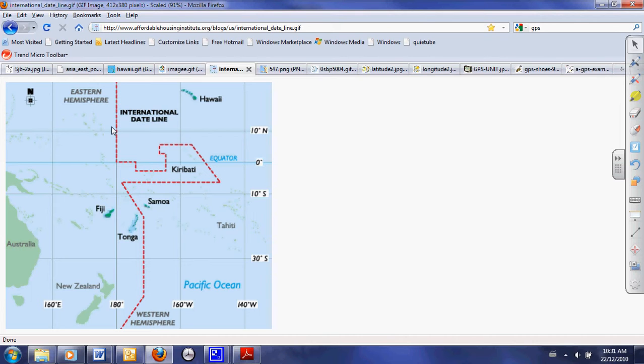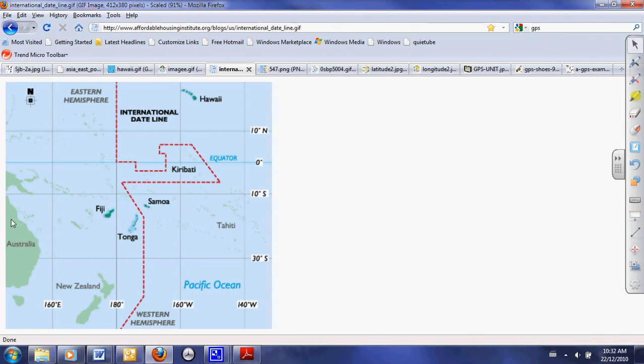The international date line does fall mostly throughout the Pacific Ocean. The reason why they did that is so that it affected the least amount of people. But there were islands in the Pacific that wanted to be on one side or the other. And of course, they had another international conference to determine this.